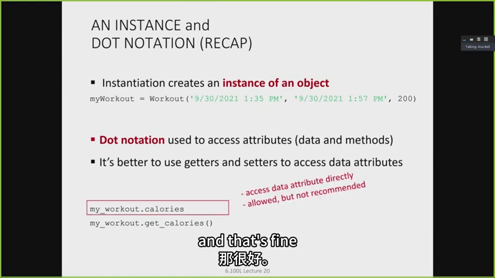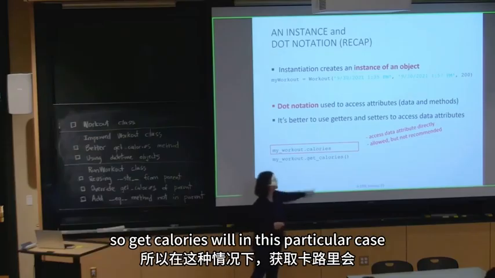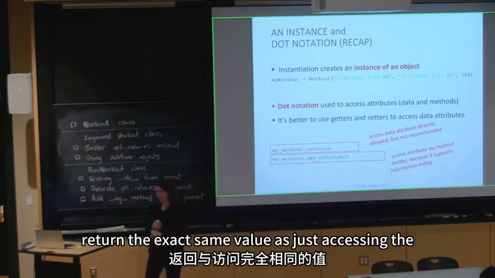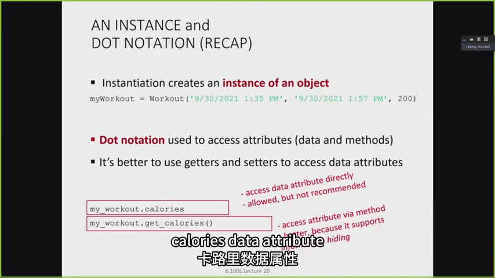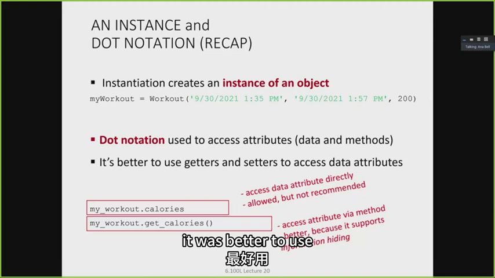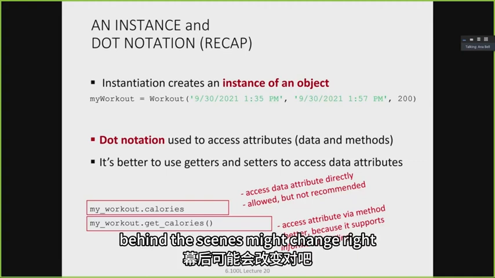And that's fine. But what's preferred is to use the getter methods, right? So get calories will, in this particular case, return the exact same value as just accessing the calories data attribute, okay? But the note that I made last lecture was that it was better to use a getter method because the implementation behind the scenes might change, right?